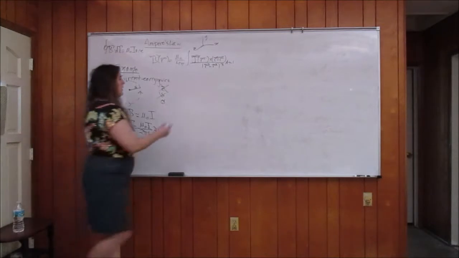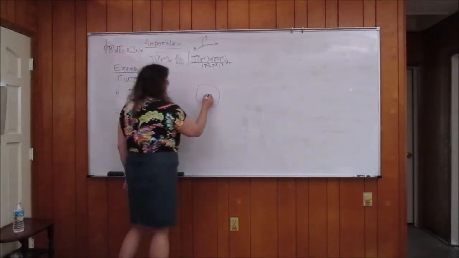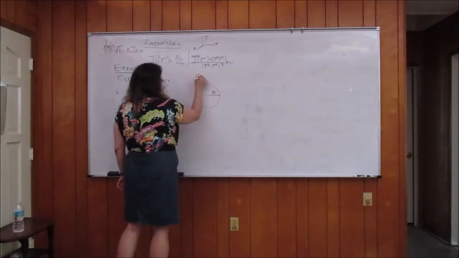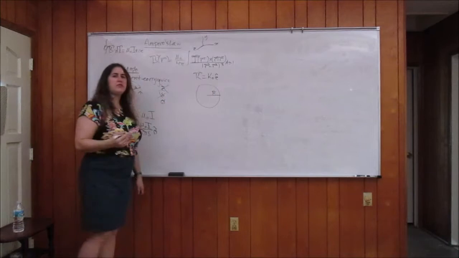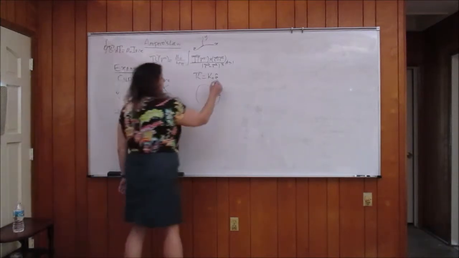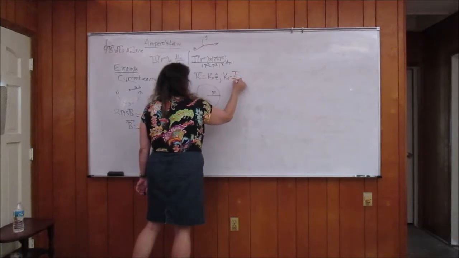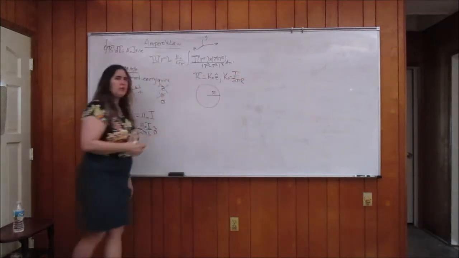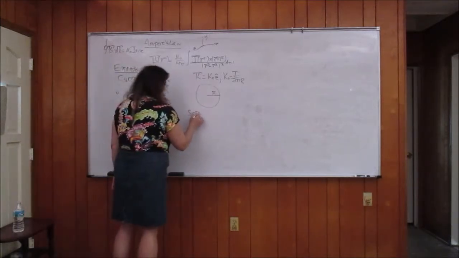Let's take a look at another kind of wire. Let's suppose we have a wire that has dimension, it has radius r. But this time it's a surface current density. I want to determine the magnetic field everywhere, both inside the wire and out.